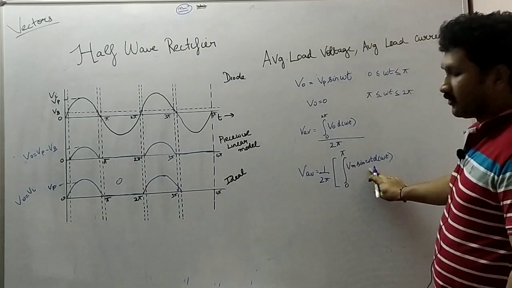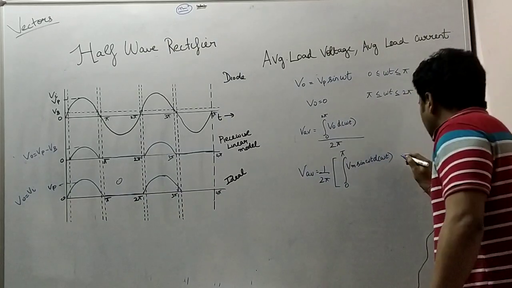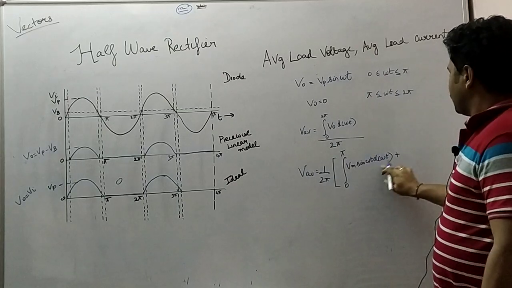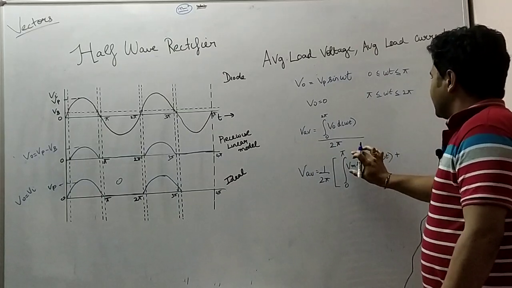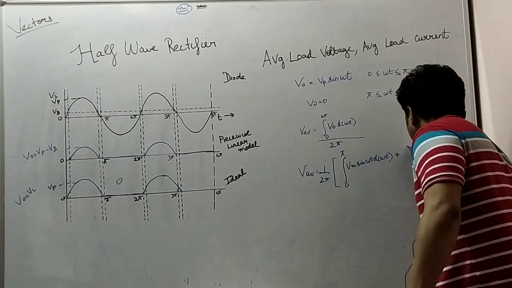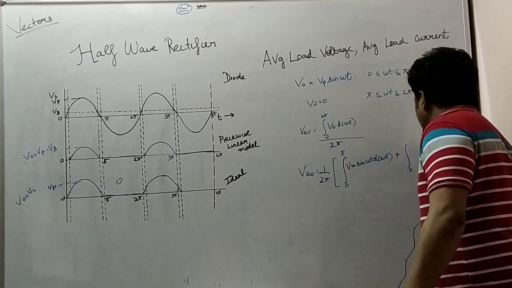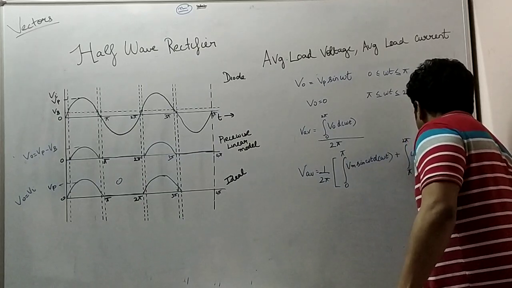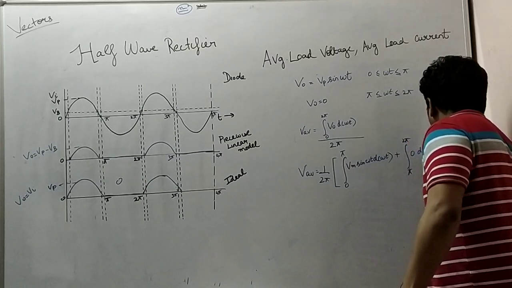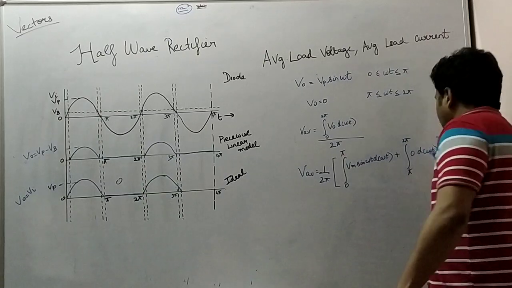This is the expression for positive half cycle. The next expression for negative half cycle, pi to 2 pi, 0 d of omega t. We will close the bracket.